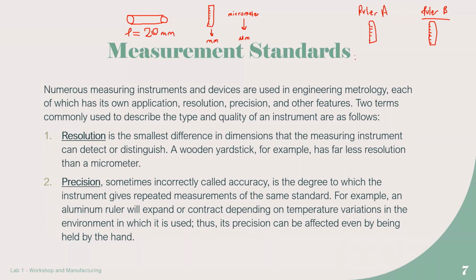So I made, let's say, 3 measurements with both rulers. With ruler A, first I measured 20.1 millimeters.